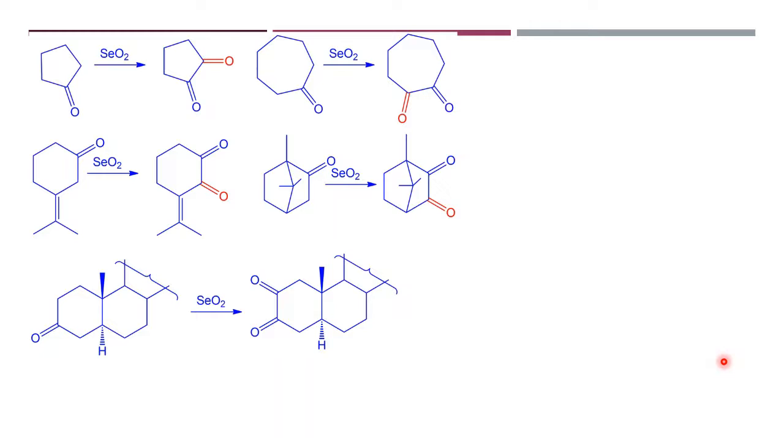Next, we can see a few more examples. Again, this alpha position is oxidized to that. For a cycloheptanone, again, the alpha position is going to be oxidized. Here too, this is the alpha position, and it will be oxidized selectively.